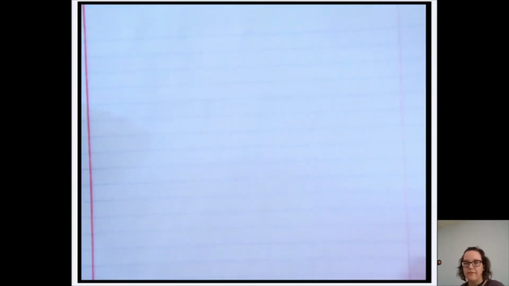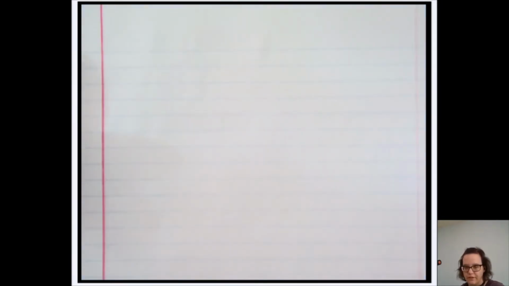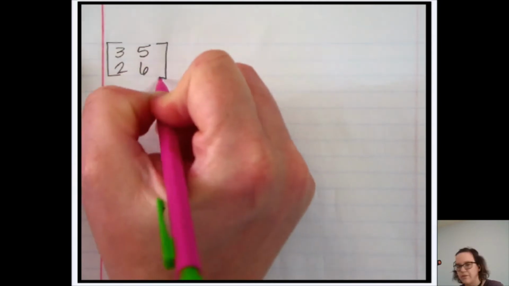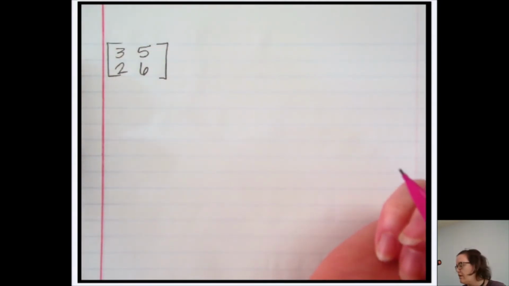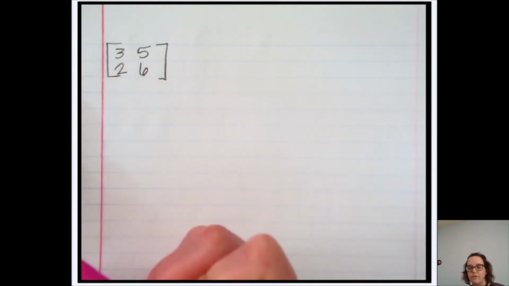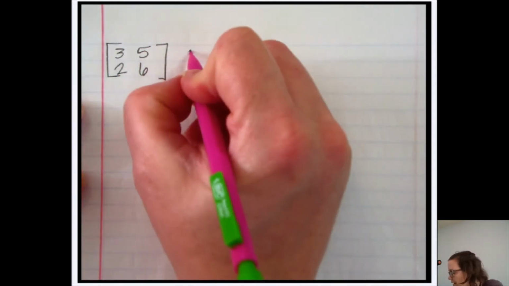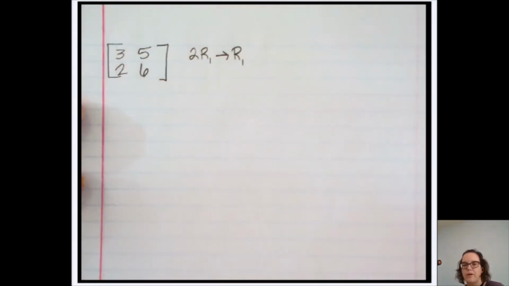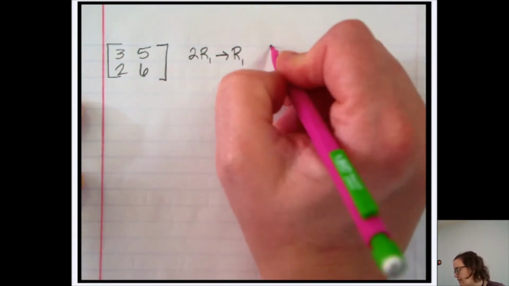So let's say we have the matrix 3, 2, 5, 6. That's our basic matrix. 3, 5 is row 1, 2, 6 is row 2. Let's say I want to take twice row 1, and I'm going to put it back in row 1. What would that look like?